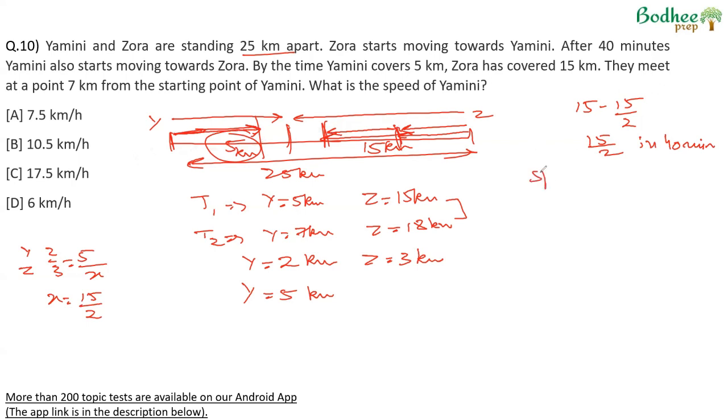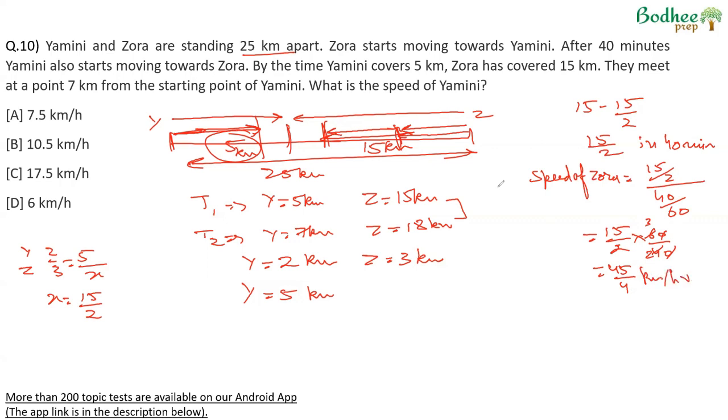So we can say the speed of Zora is 15 by 2 kilometers in 40 minutes, or 40 by 60 hours. This becomes, in kilometers per hour, 15 by 2 into 60 by 40, which is 45 by 4 kilometers per hour.